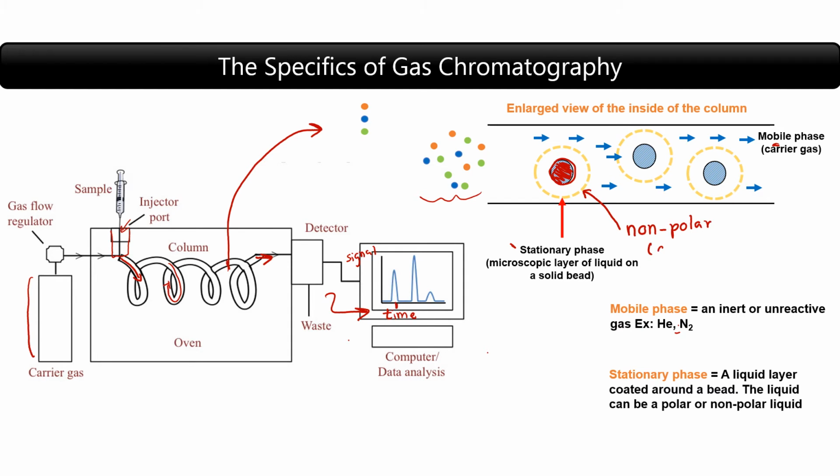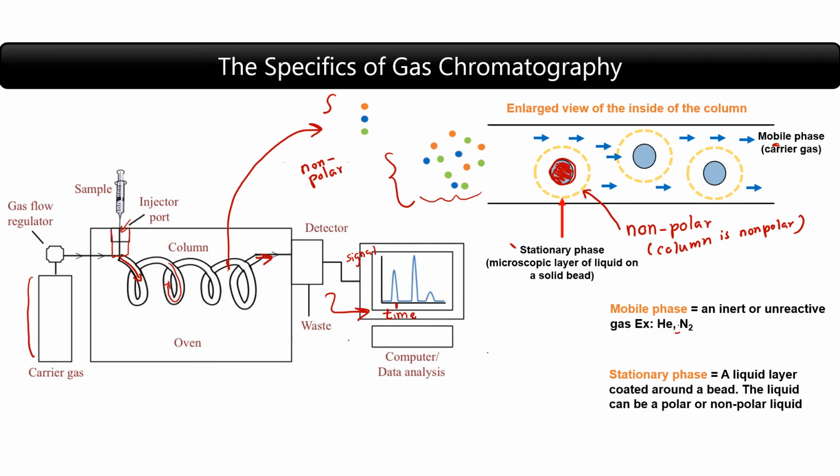So this column is non-polar. The column that we're using for this lab is non-polar. And let's also assume the compounds we're trying to separate are also non-polar because hexane and toluene are both non-polar.